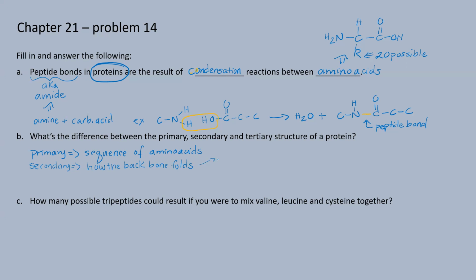Some possibilities are an alpha helix, so it coils up, and there's also what's called beta pleating, which is something like this.